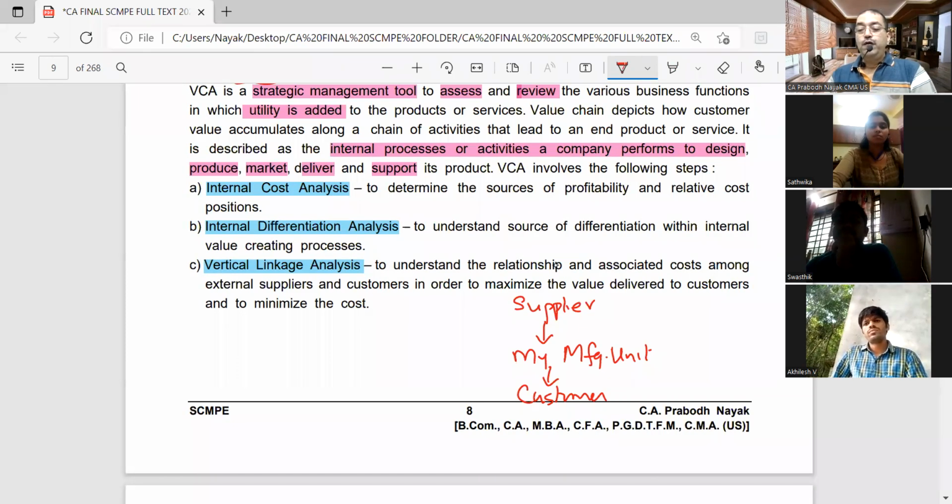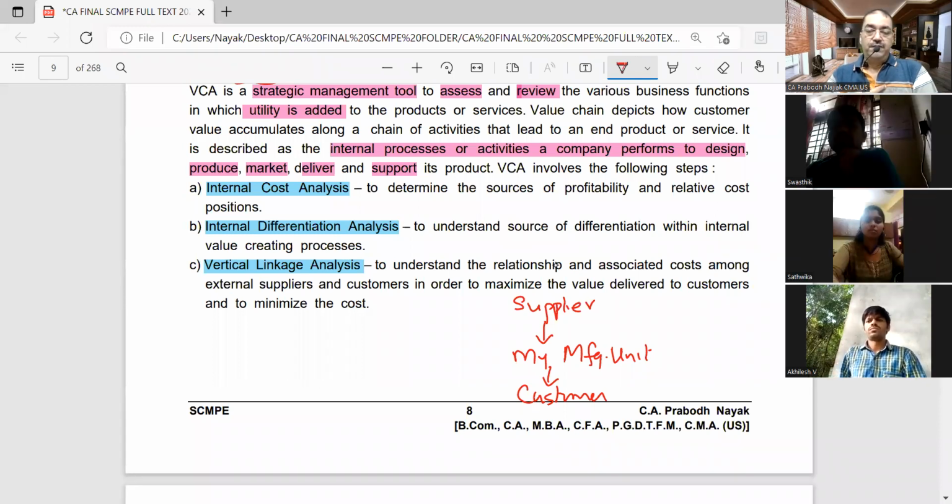Sometimes you may find that the supplier is having a financial problem, or a labor problem, or a power problem. As a result, he is not able to manufacture the raw materials for my company as expected.